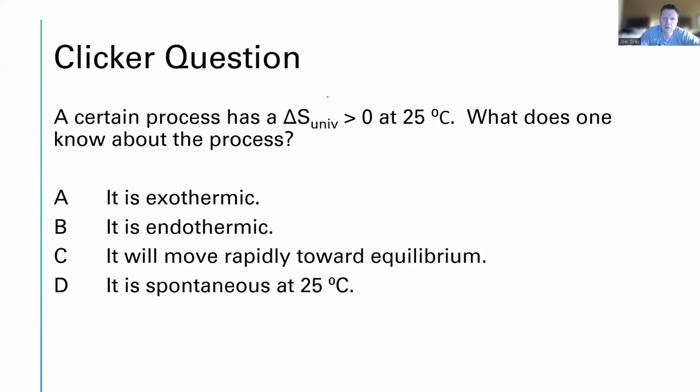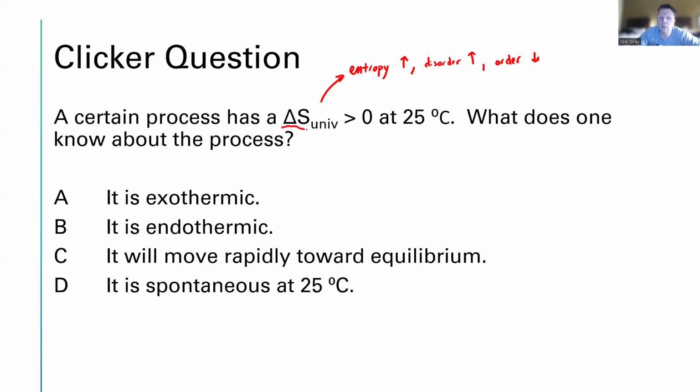Say entropy, which is denoted by delta S, has gone up. Therefore, disorder has gone up. Therefore, order has gone down.